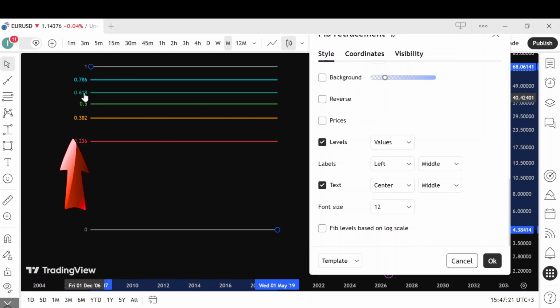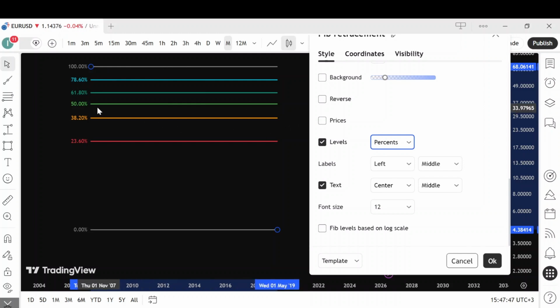Next, we want to turn these levels into percentages. So where there is levels, click on the drop-down menu, choose percents, and the levels are now in percentages. We have the 0%, 23.6%, 38.2%, 50%, 61.8%, 78.6%, and 100%.